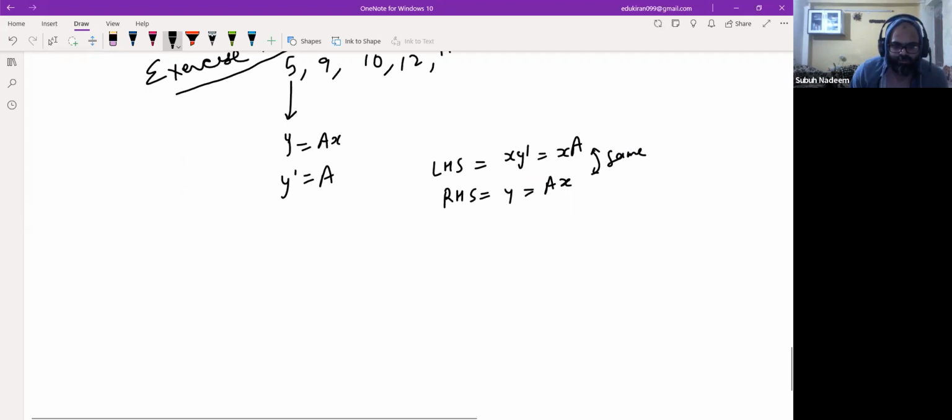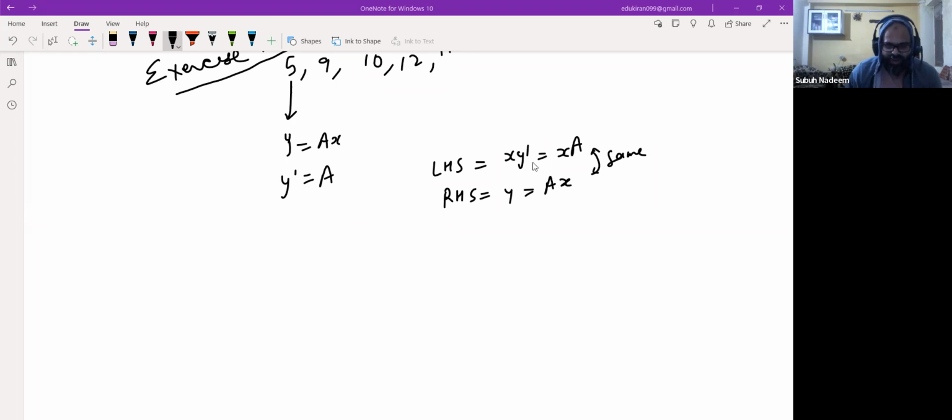So the differentiation of ax I got as a, and then x y dash is equal to y. I substituted a in place of y dash, so you substitute y dash as a and x will remain as it is. So it will be xa. Right hand side is y, and y is ax.